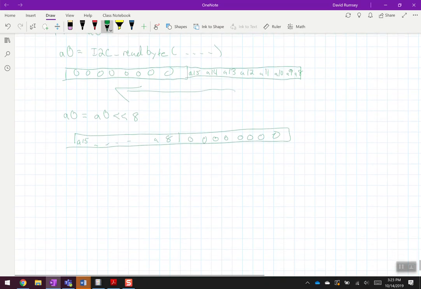But then I have to say, okay, now I need to read my least significant byte in. The way you do that here is you would say that A0 is equal to A0, and now I'm going to do a vertical line because this is an OR operation, and I'm going to OR it with another I2C read byte. I don't want to say A0 is equal to it, because then it's going to rewrite this whole byte and I'm just going to have the least significant byte in there.